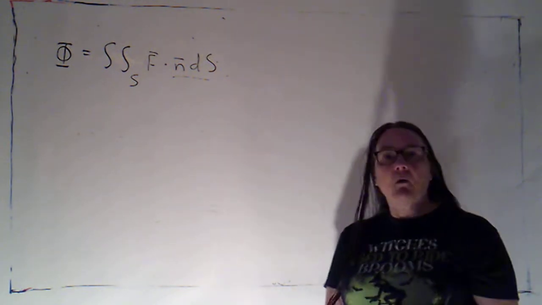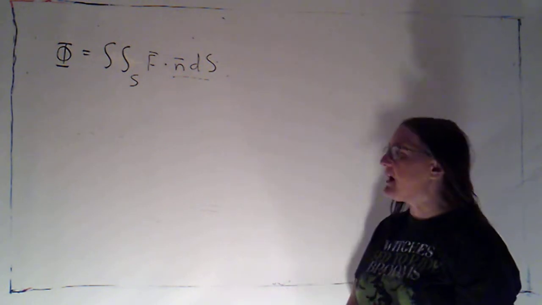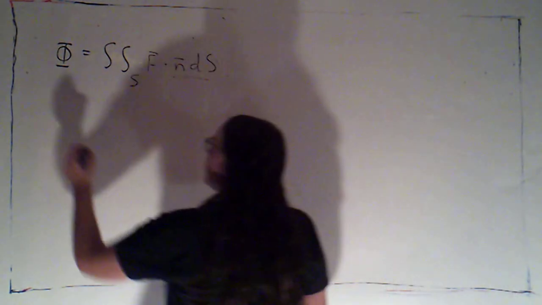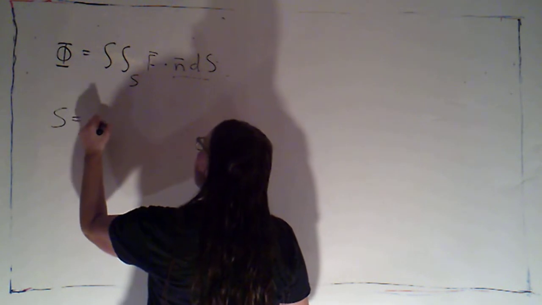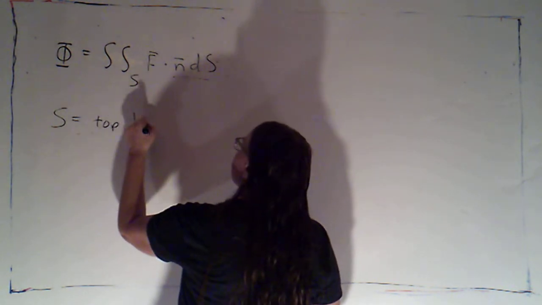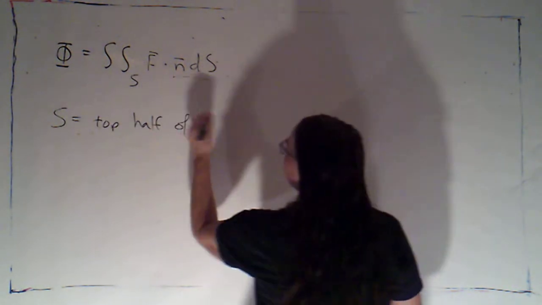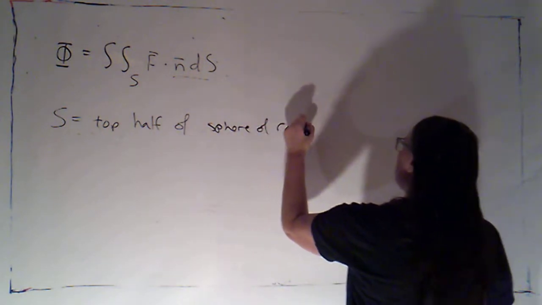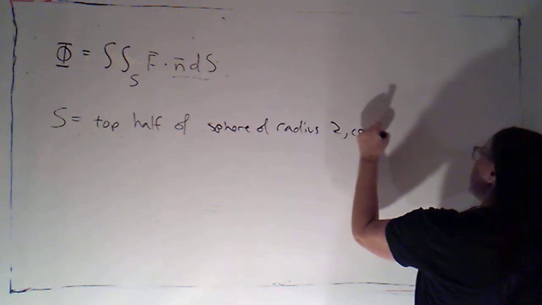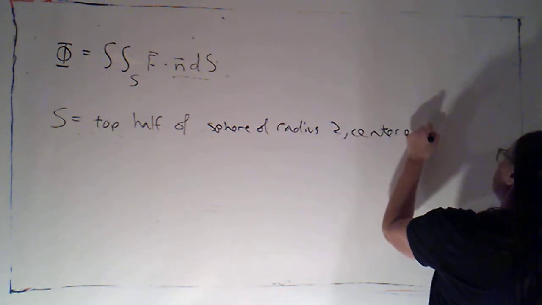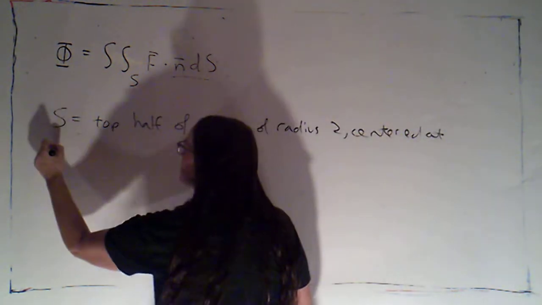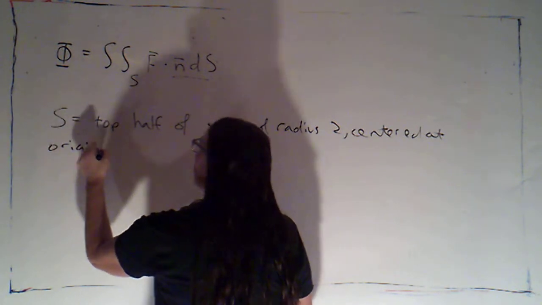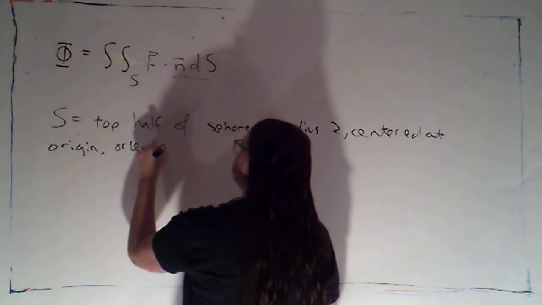Okay, so I want to practice evaluating a flux integral. So I'm going to let S be the top half of the sphere of radius 2, centered at the origin, oriented out.